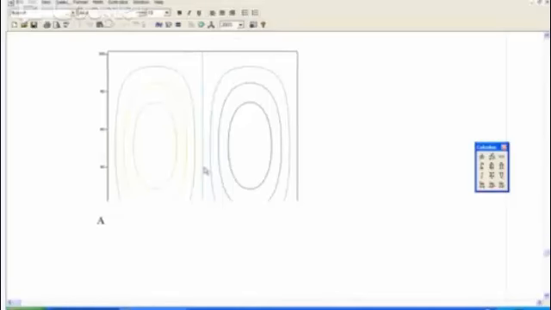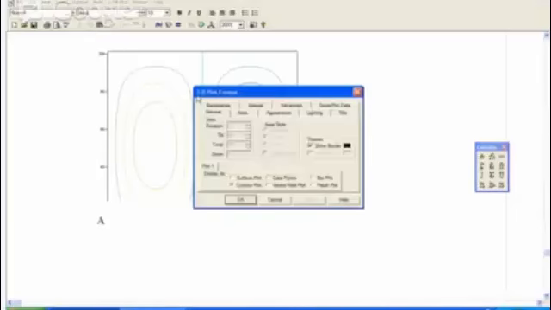At L over 2, you have a node. So you'll notice a maximum value, a red contour corresponds to high values of psi. That's high positive values. A blue contour here corresponds to a big negative value for psi. So you get a minimum right here on the right side and a maximum on the left side.